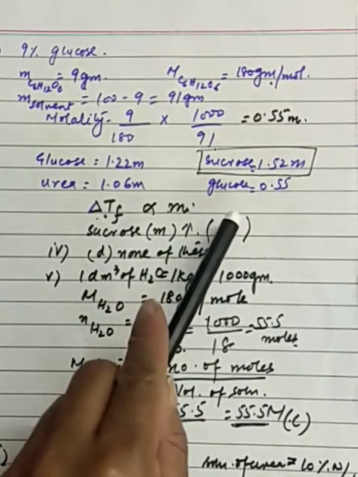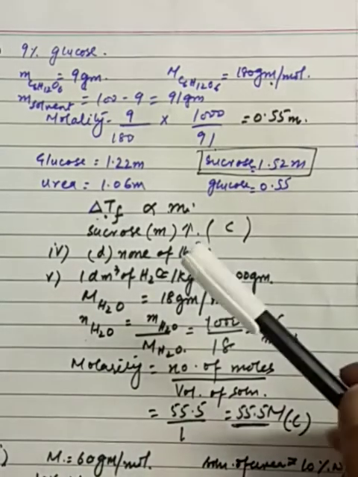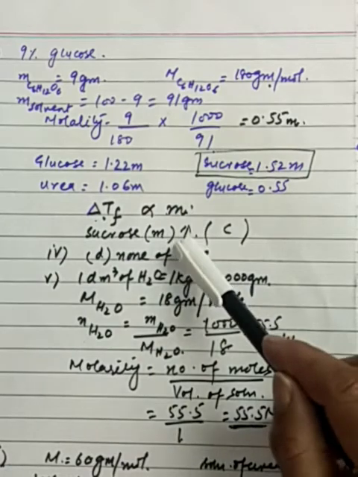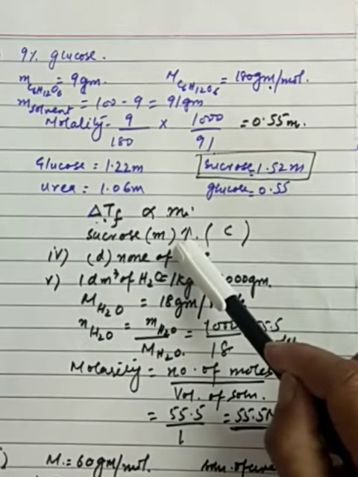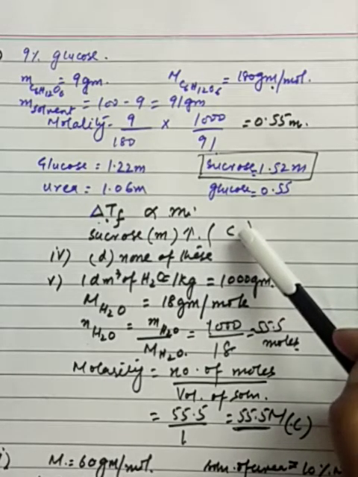And in case of 9% glucose, it will be equal to 0.5 molar. Delta TF is directly proportional to molality. 34.2% sucrose solution has highest molality, therefore it will show maximum freezing point depression. Hence this solution, sucrose, has highest molality or lowest freezing point, so we mark the option C.